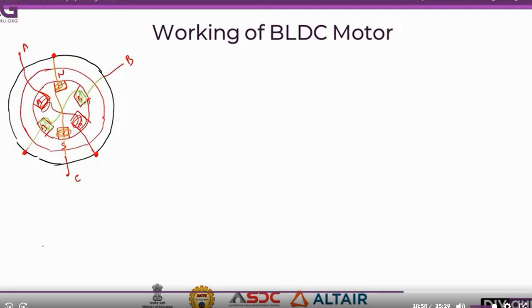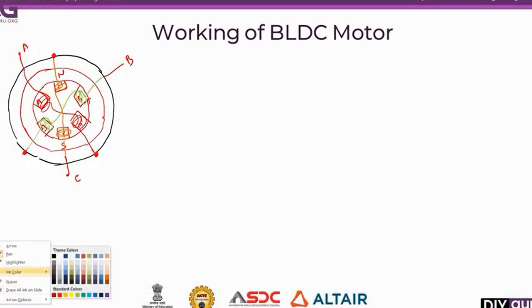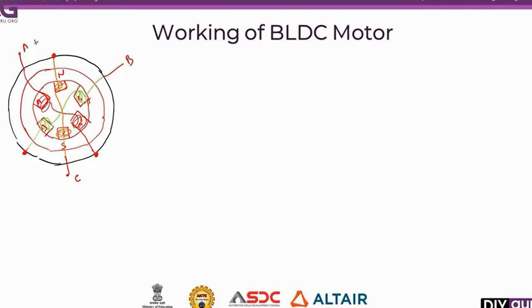See, for example, if I give a positive DC pulse signal here at coil A, current flows in this direction, it reaches A dash, then it will energize B coil and it will be grounded here. So there is a closed path between these two. So with one signal I am energizing two coils.